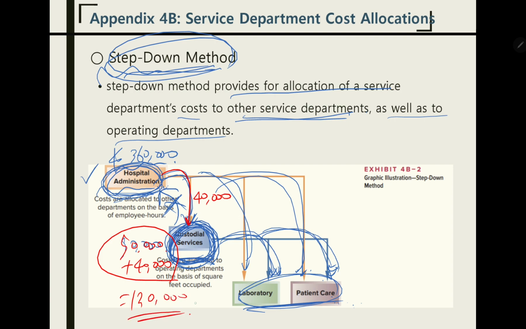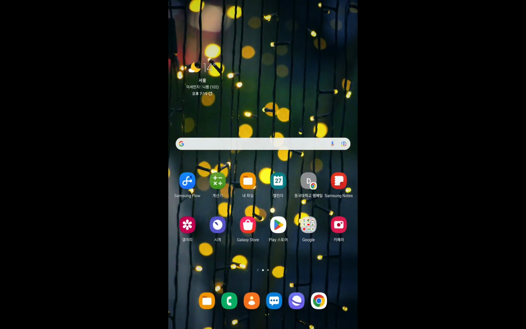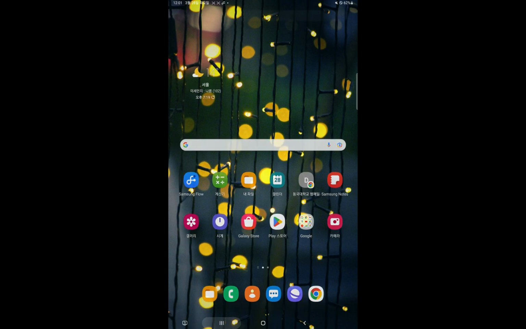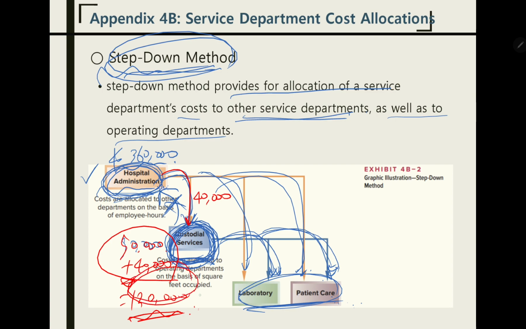So 130,000. Now it is the new 130,000. It should be allocated to operating department.